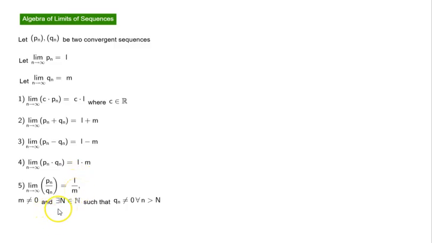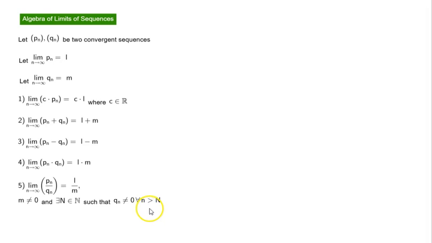Now, in case of division, we have some additional conditions. Formally we say M is not equal to 0 and there exists N in natural numbers such that Q sub n is not equal to 0 for all n greater than N. The reason we are saying this is because, if you remember from the previous session, the limit does not change if finitely many terms in the beginning are ignored.